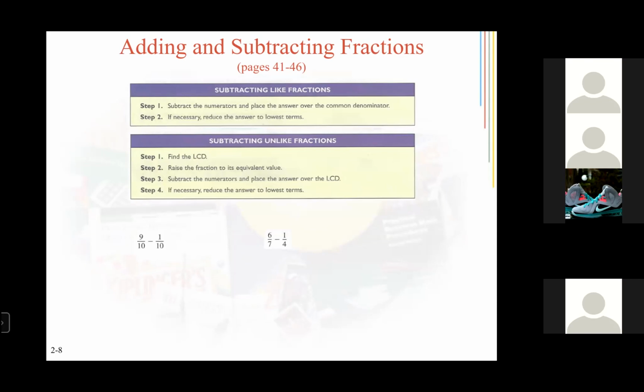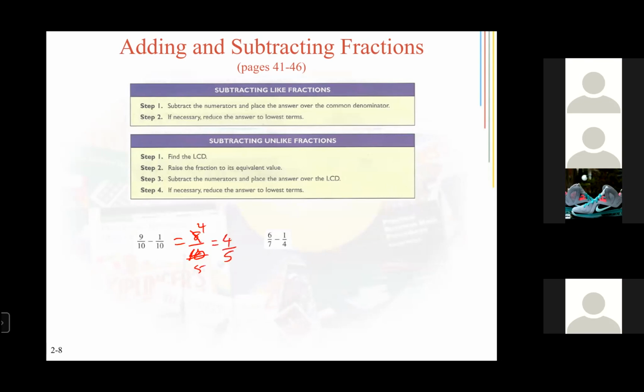That's equal to 8/10, which could be reduced. 8 over 10 could be reduced to 4/5. So 2 into 8 is 4, and 2 into 10 is 5. So that's equal to 4 over 5.